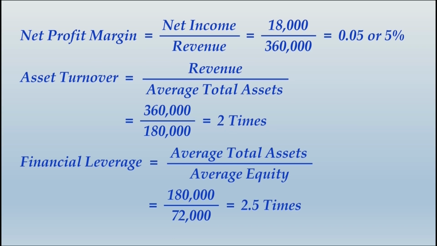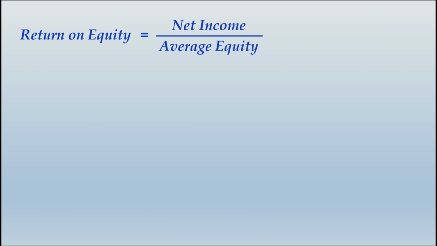Alright friends, once we have completed writing this whole thing, let us move ahead, and as we have learnt, we will compute first the return on equity, that will be net income divided by average equity, and that is 18,000 divided by 72,000, and that comes to 0.25 or 25%.